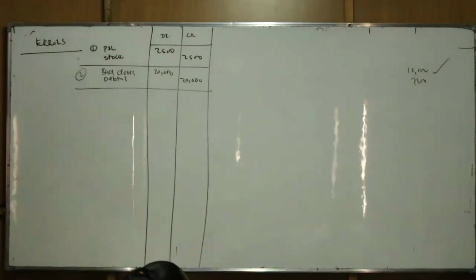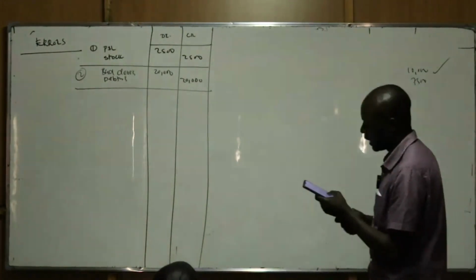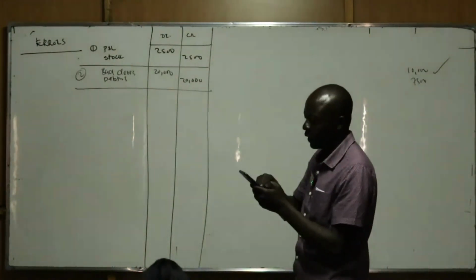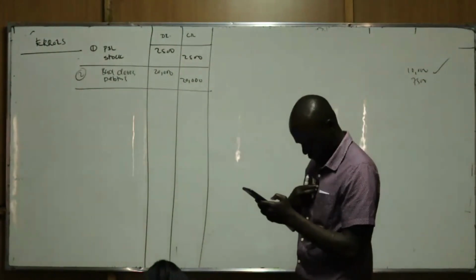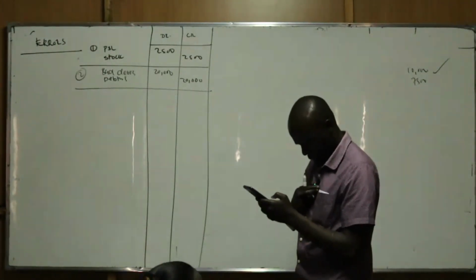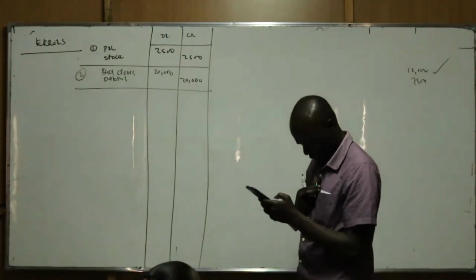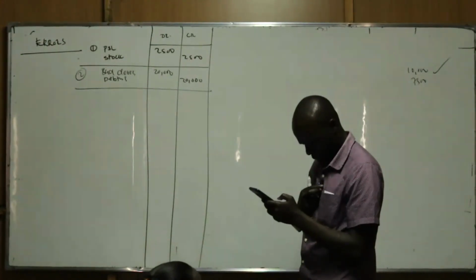So we will do number two. Number two says, so debts, isn't it? And then besides, remember when you go and check in the statement of financial position. Go and check in the statement of financial position.